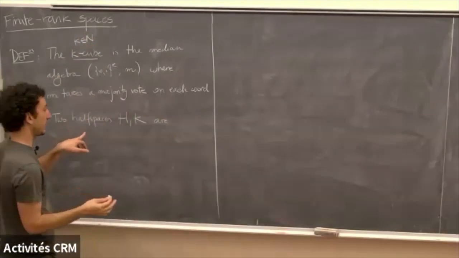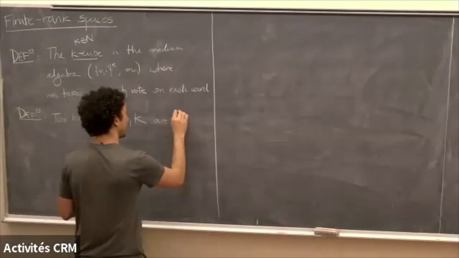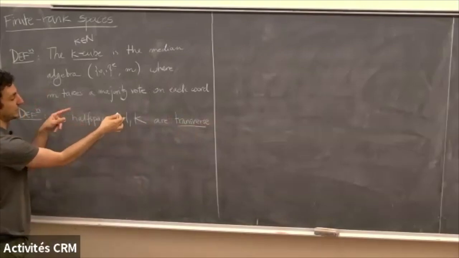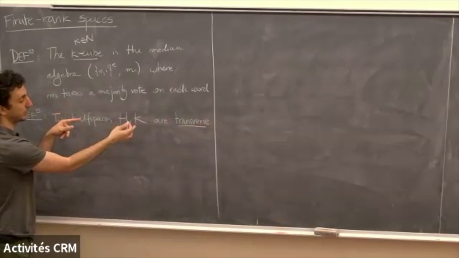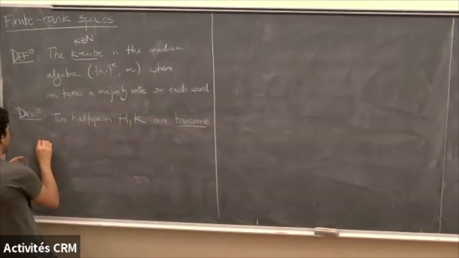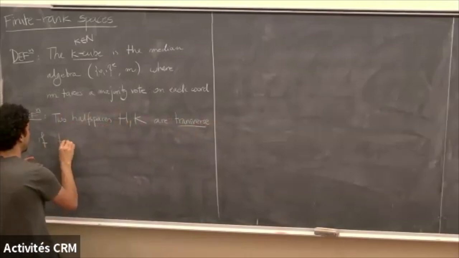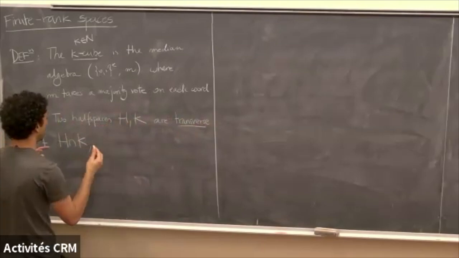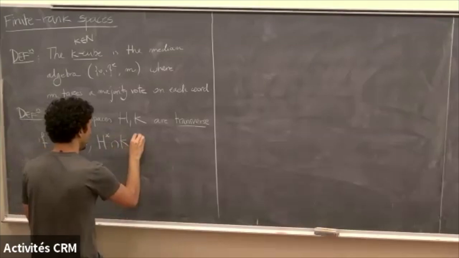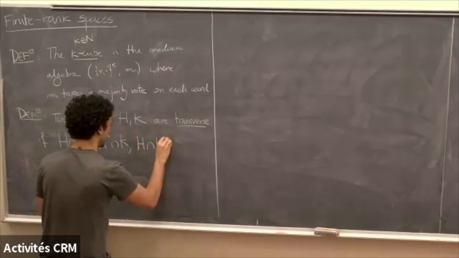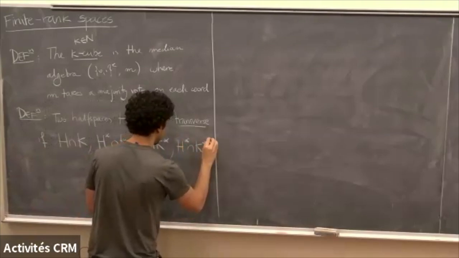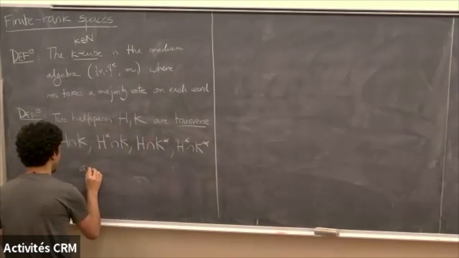Two half spaces H and K are transverse if H and its complement are incomparable to K and its complement, or equivalently in terms of intersections, if the four intersections H ∩ K, H* ∩ K, H ∩ K*, and H* ∩ K* are all non-empty.